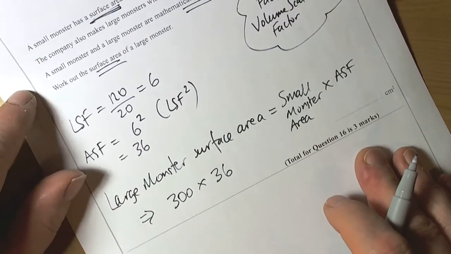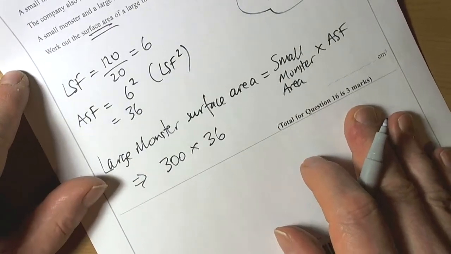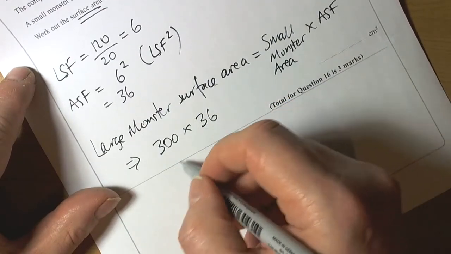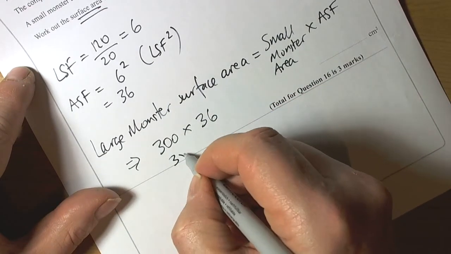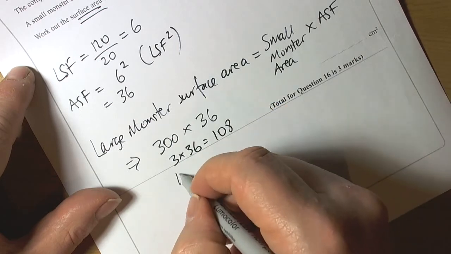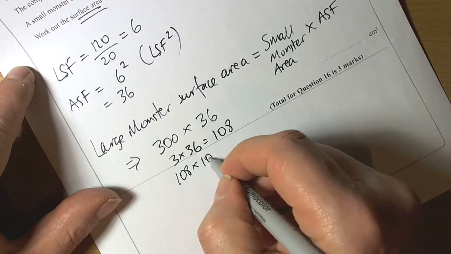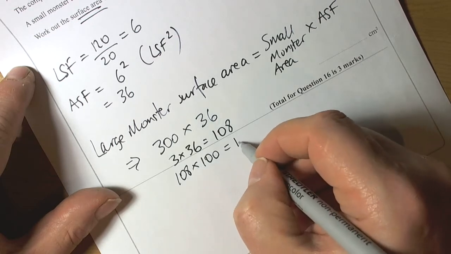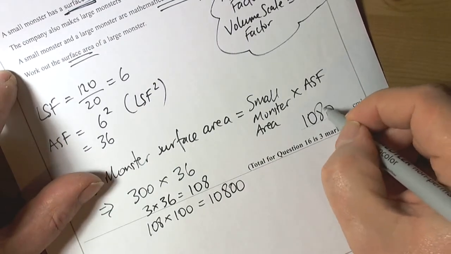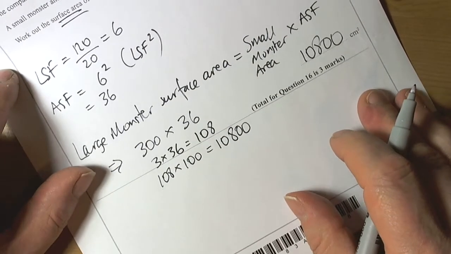It's a non-calculator paper question, so we've got to do this in whatever way we can cope with. Personally I'm going to do 3 times 36, which is 108, and then I'm going to do 108 times 100. So that's going to give me 10,800. So the answer here is going to be 10,800 square centimetres.